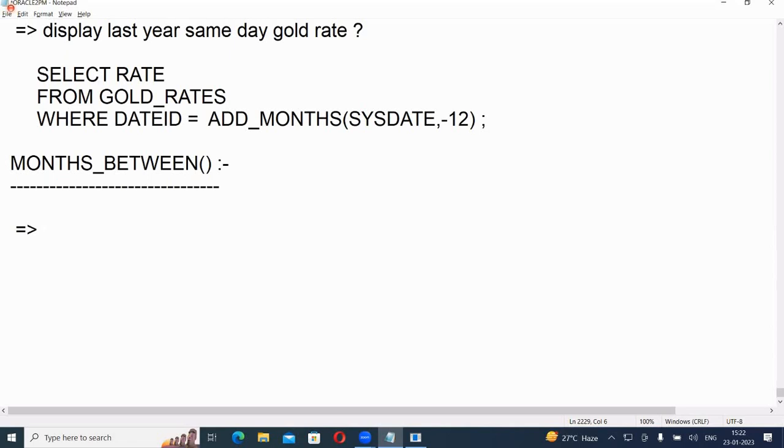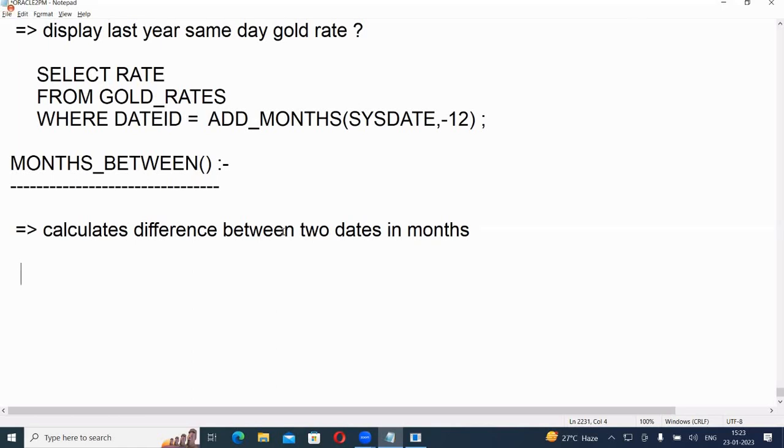Months between calculates the difference between 2 dates in months. By default, the difference is calculated in days. If you want the difference in months, use months between.